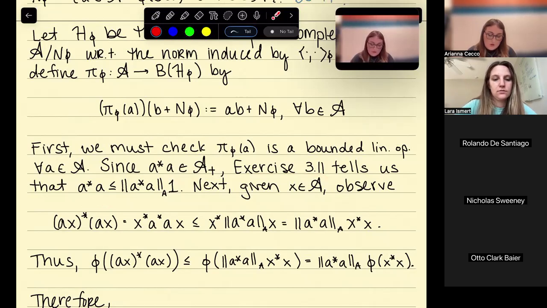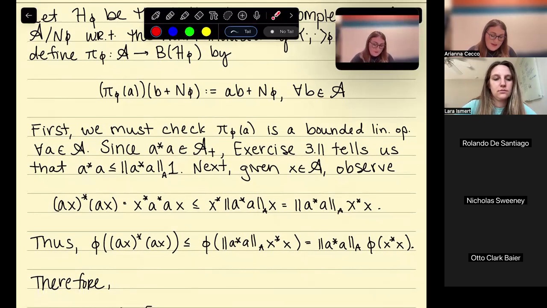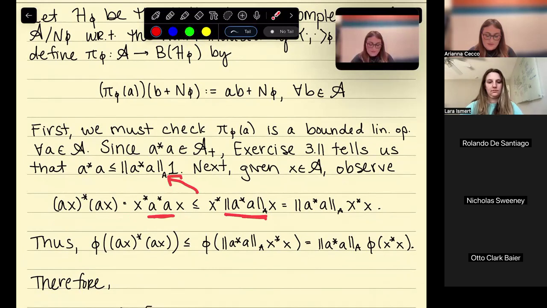So for some x in A, we have this inequality. First, A of x star A of x, we're just going to rewrite it like this. We're going to use this inequality to replace this with this. And then this is just a constant, so we just pull it out.